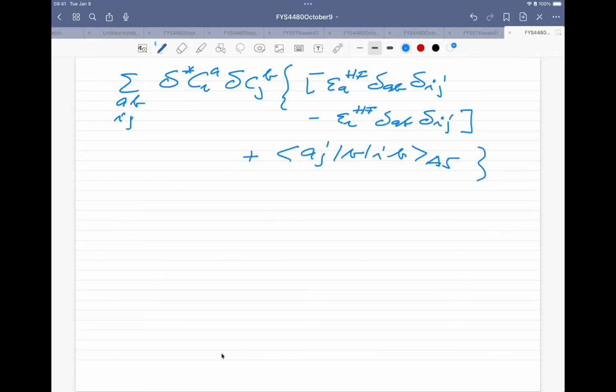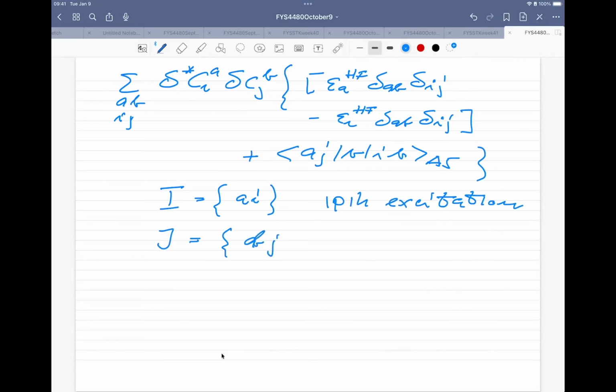So what I'm going to do now is to define a new variable, which is now a particle hole excitation, so AI. So you can read this as a one particle, one hole excitation. And then I'm going to define a new variable, J. So I'm going to lump together the summations over A, B, and I, and J in terms of one particle, one hole excitations.